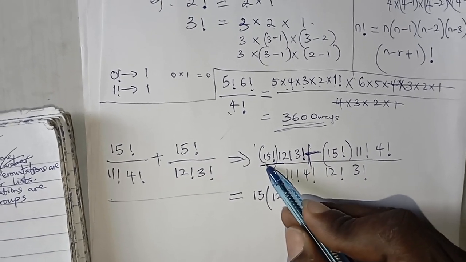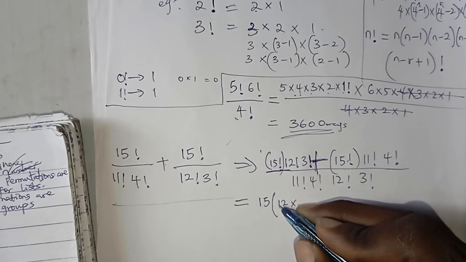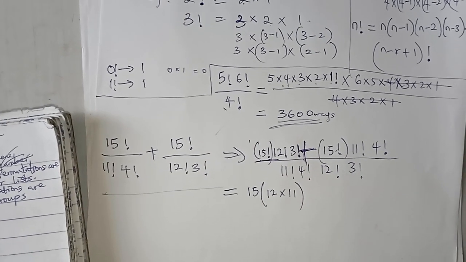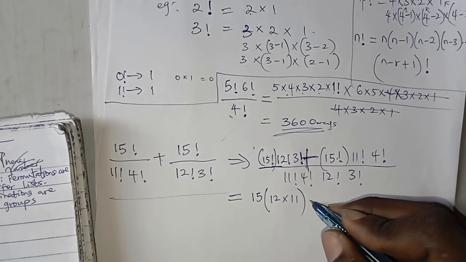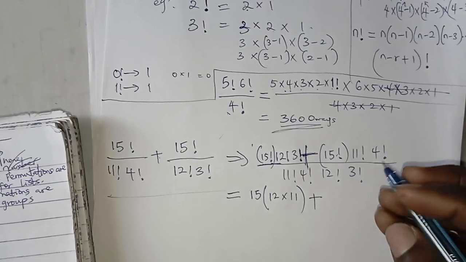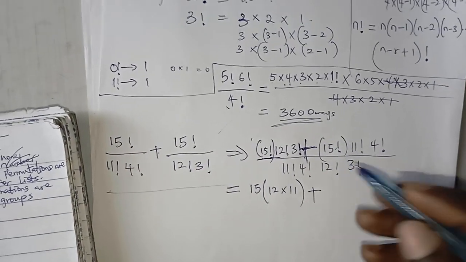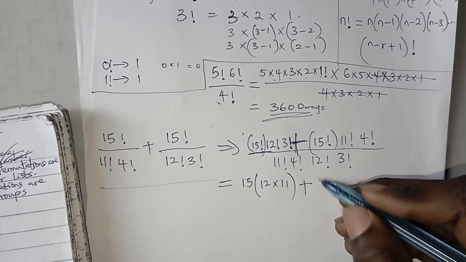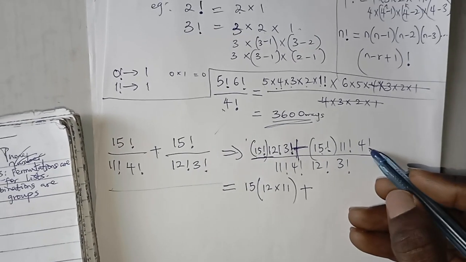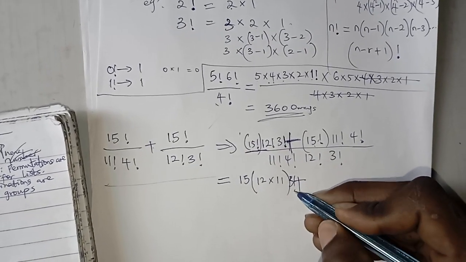Here I'm seeing 15. Here I'm seeing 15. What is common to the two of them? I see 12. I see 11. I bring it out. Plus. I see 15. I see 4 and 3. So I can put 3 factorial here.